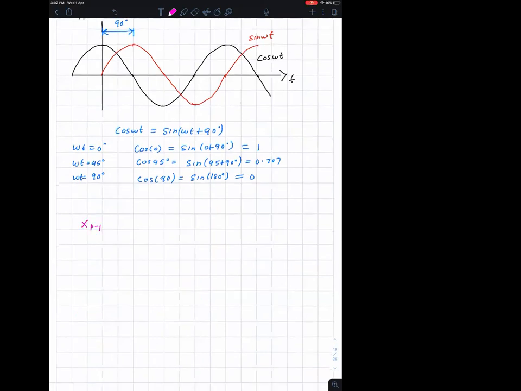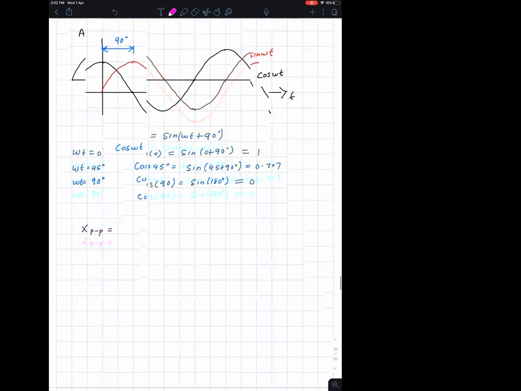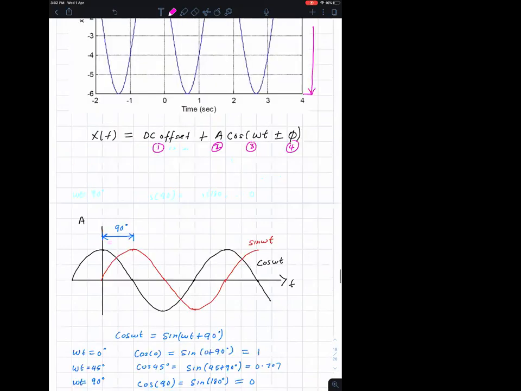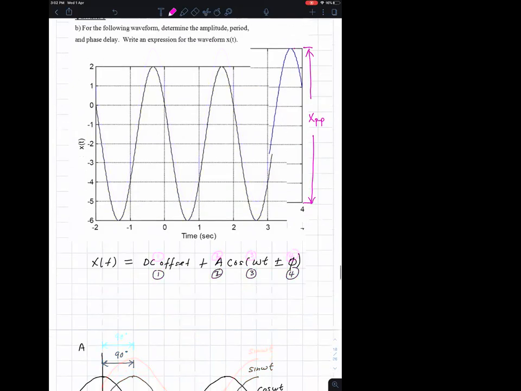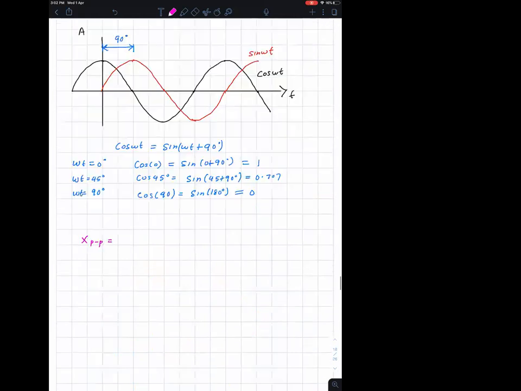X peak-to-peak is, what is the highest value? 2, right? The lowest value is -6. So peak-to-peak is the highest peak 2 minus the lowest peak -6, which equals 8.